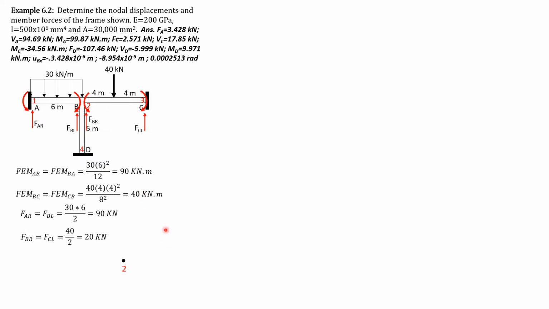A negative is supposed to be clockwise, so it should be counterclockwise here. So that's the nodal force, which is always opposite to the fixed end force. The vertical load is 90 plus 20, that's upward. So when you load it, it is opposite, so 110 downward. So this is the net load at node 2.